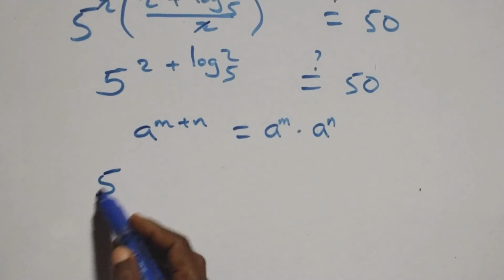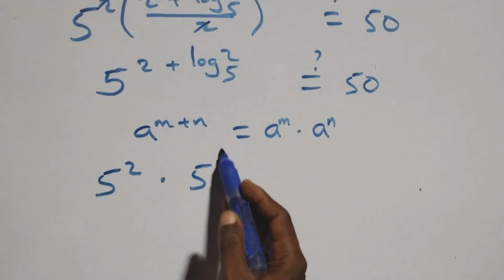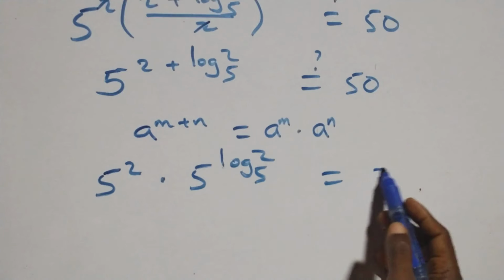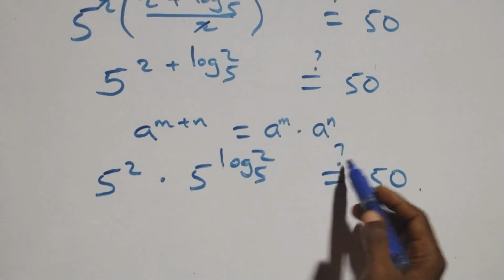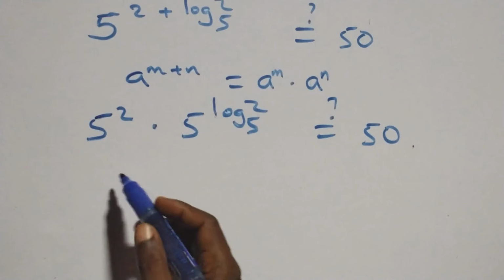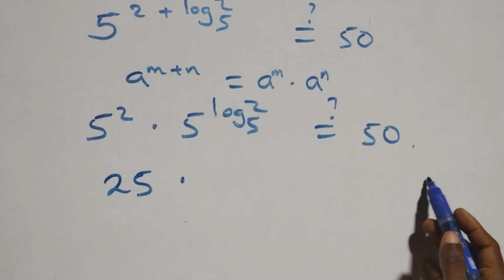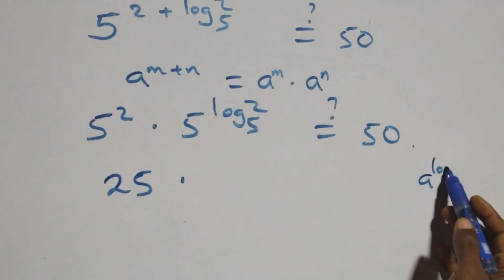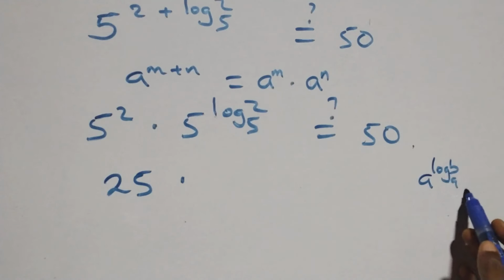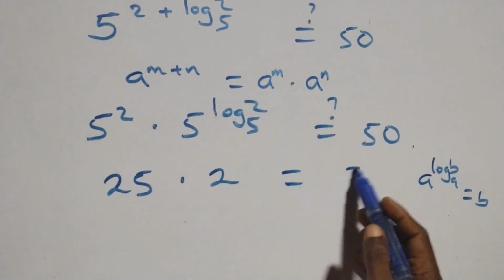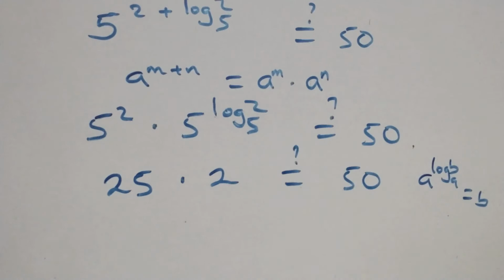This becomes 5 squared times 5 raised to power log 2 base 5 equals 50 on this side. And 5 squared here, 5 times 5, that's 25 times. This follows when we have a raised to power log b to base a, which equals b. That is, here we have 2. This equals 50 on this side.